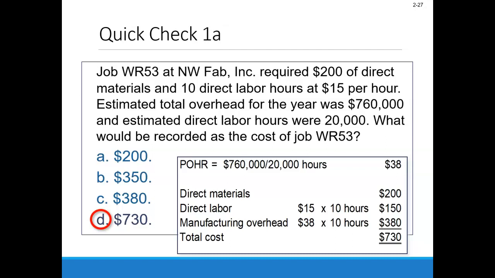It gives us our 380. So our direct materials is 200, our direct labor's 150, and our manufacturing overhead we're applying to this job is the 38 times actual labor hours. Does that make sense, guys? How it works? Okay.